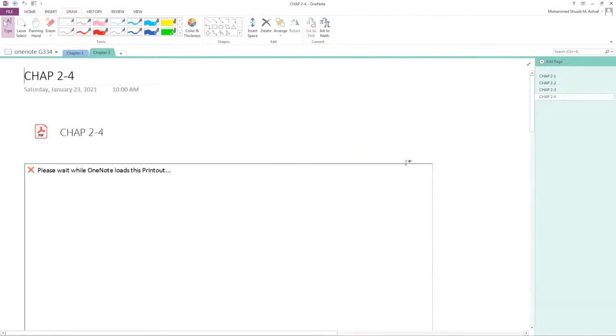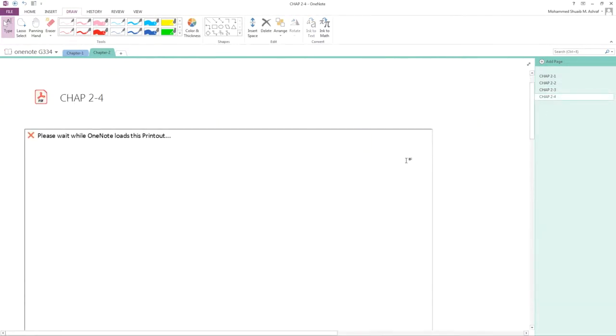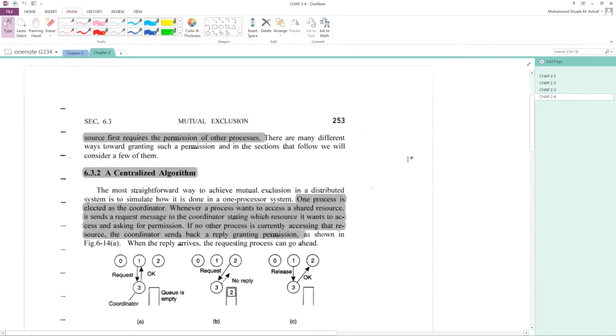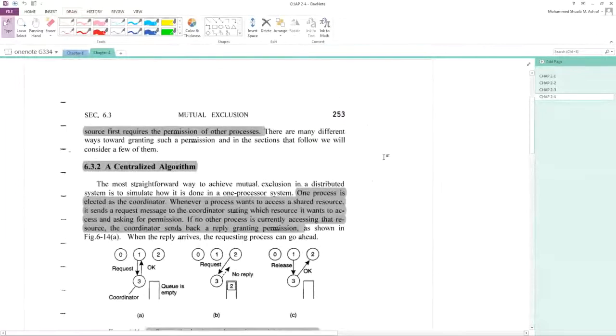Next. Okay. Now, let's see token based algorithm first.